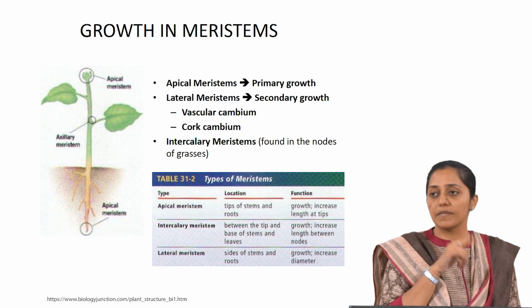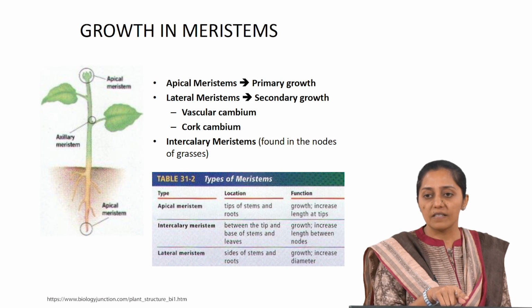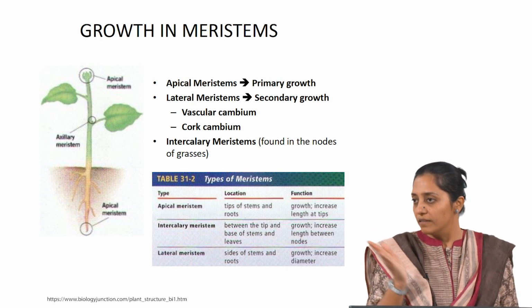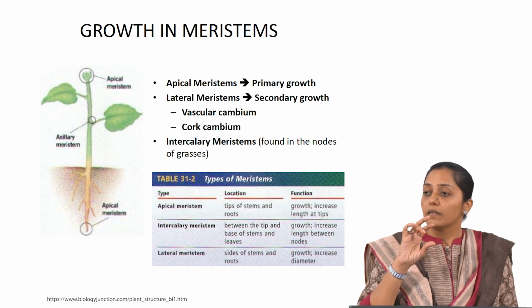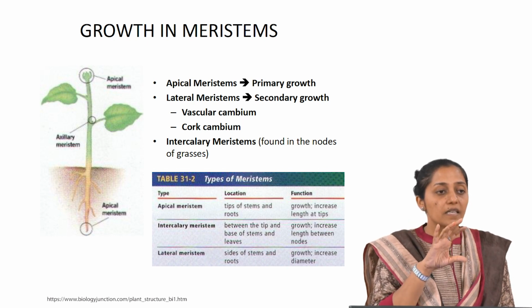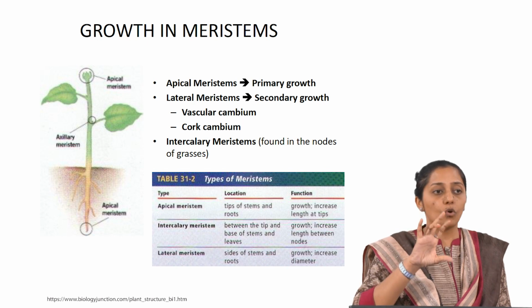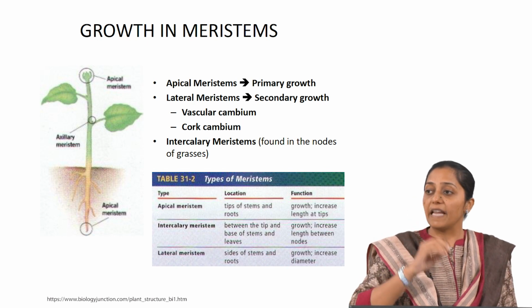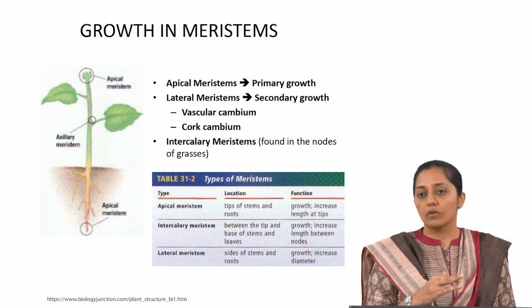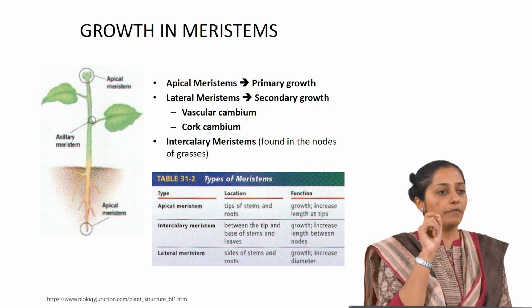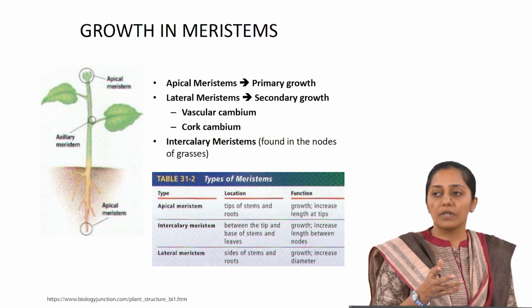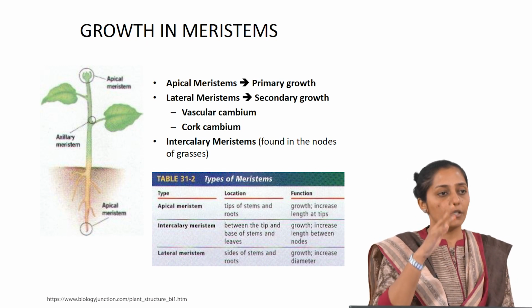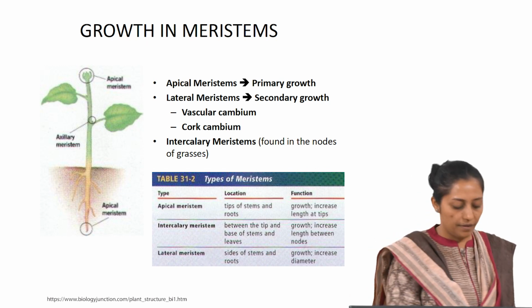Now, growth in meristems, as I was telling you: the apical meristem, then the lateral meristem is at the internodes or nodal, and there are rapid meristematic regions even between the nodes which will help in lengthening the internode. So depending on wherever this meristem region is present, they support either the elongation of the plant or the increase in secondary growth.